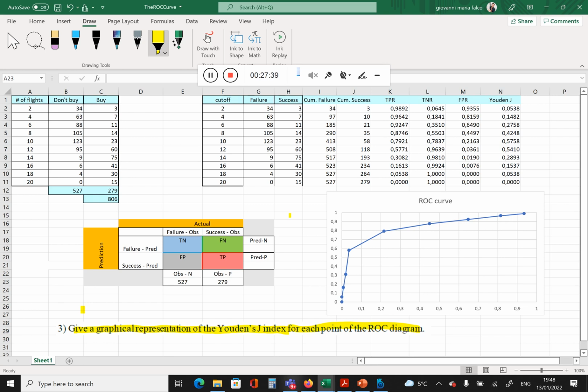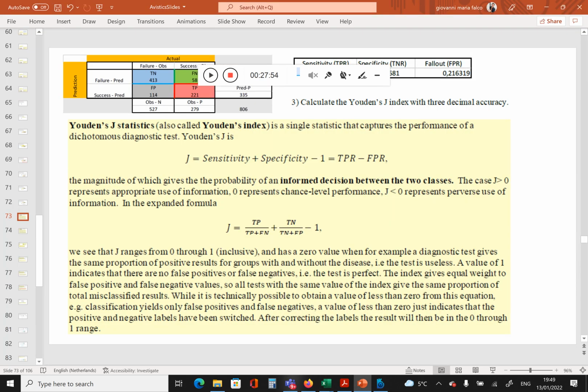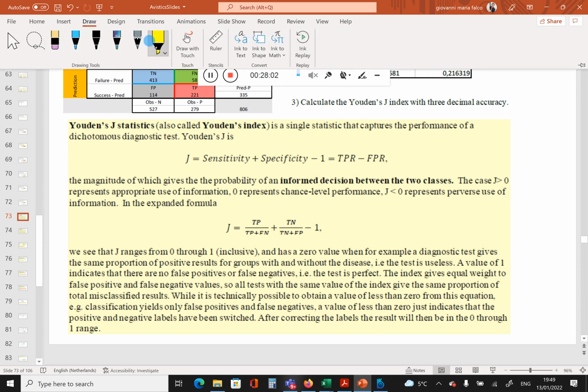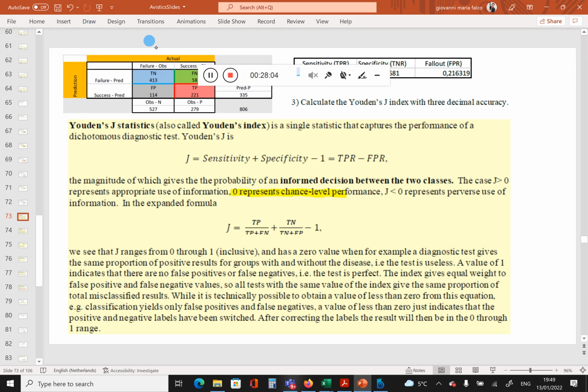Okay, if you want to understand it, we know that the J index is just the difference between the true positive rate and the false positive rate for each value of the cutoff. And if you remember the theory of the last time, we said that basically a zero value for the J index represents the level of chance performance. So when you take the decision just by flipping a coin.